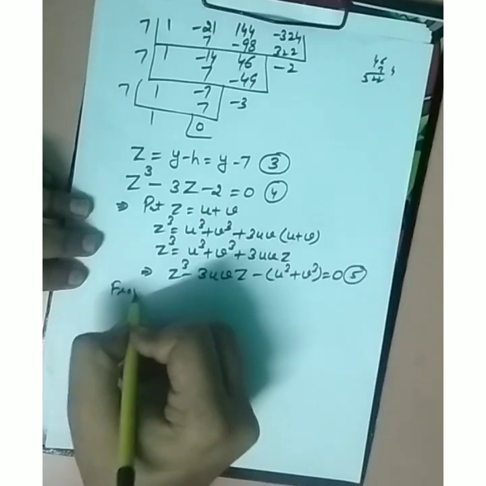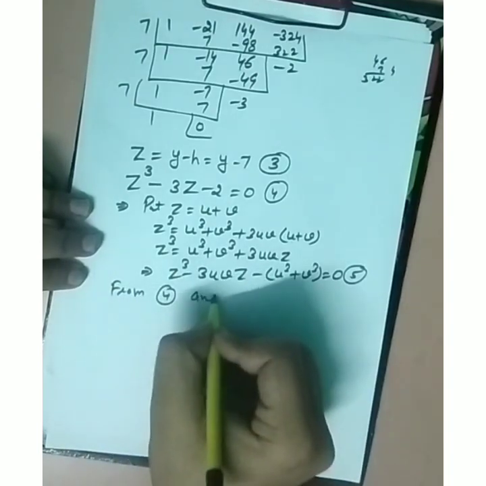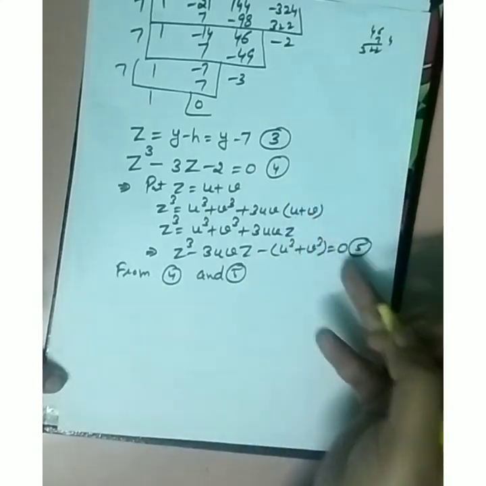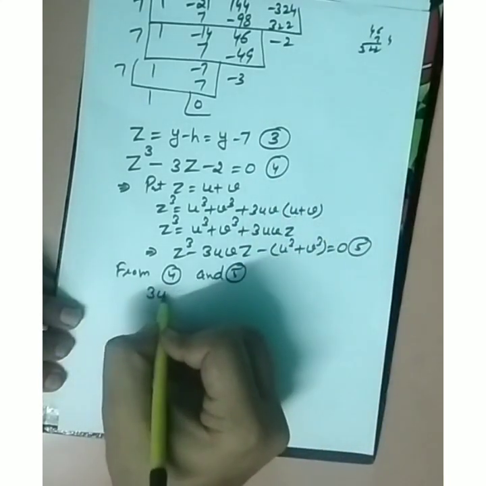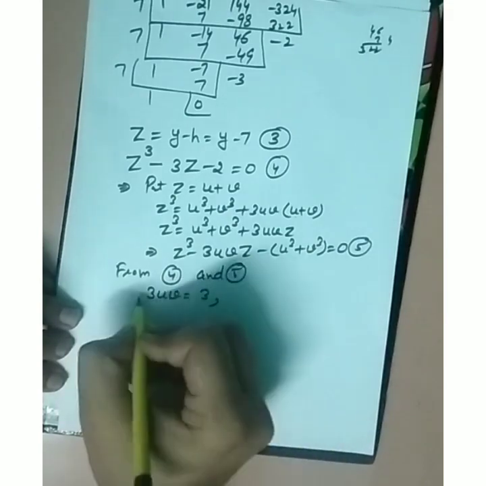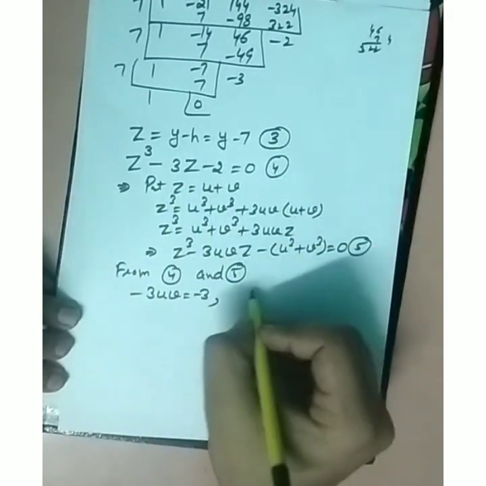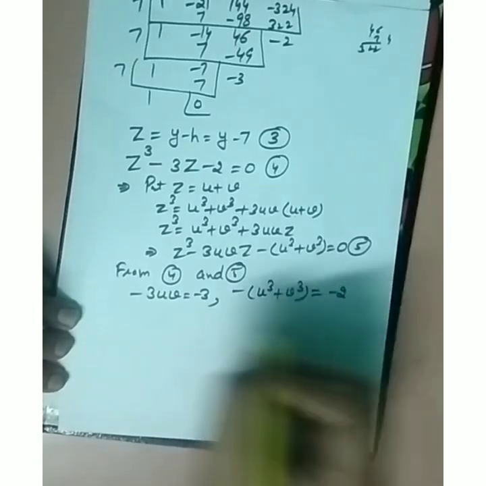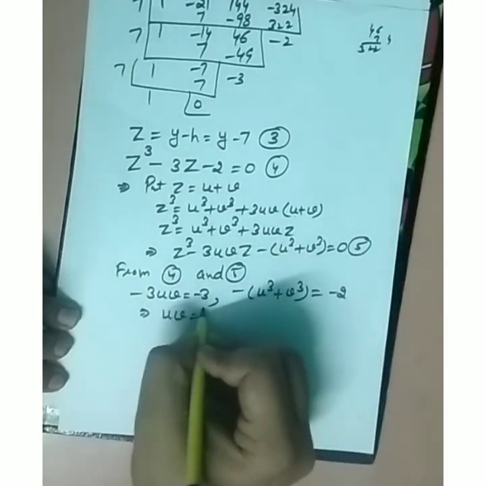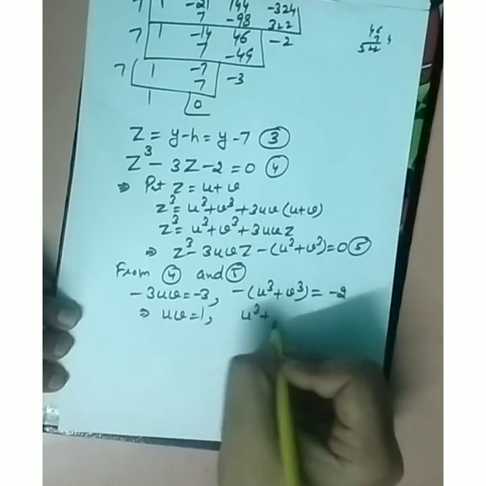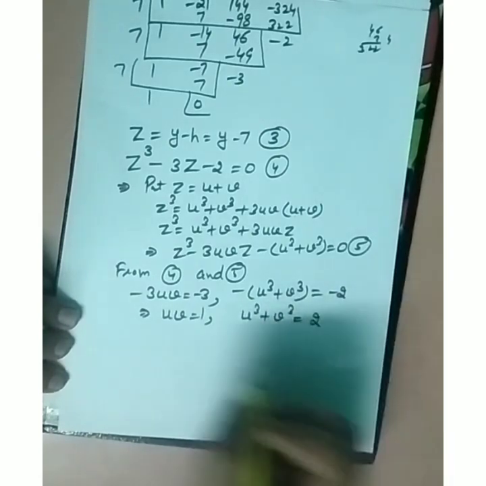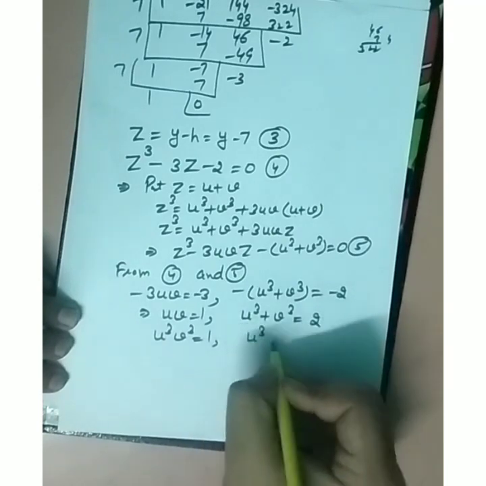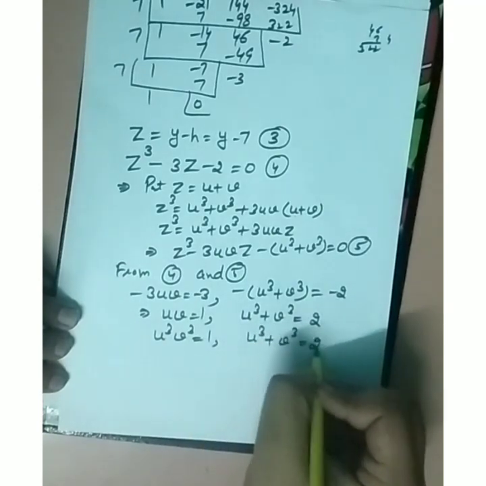So comparing from 4 and 5, we get 3uv is equal to 3, and minus u cube plus v cube is equal to minus 2. So this becomes uv is equal to 1 and u cube plus v cube is equal to 2. So u cube v cube is equal to 1 and u cube plus v cube is equal to 2.